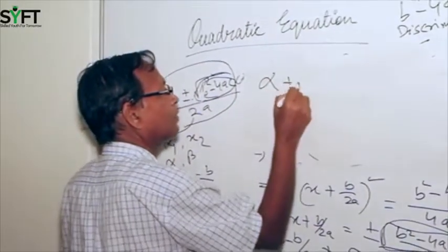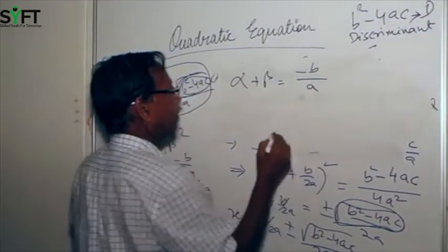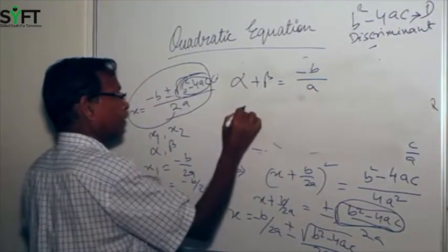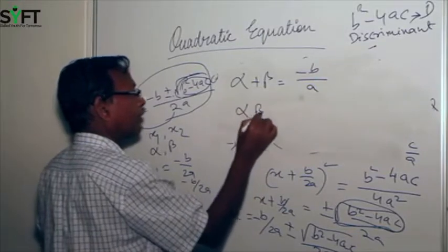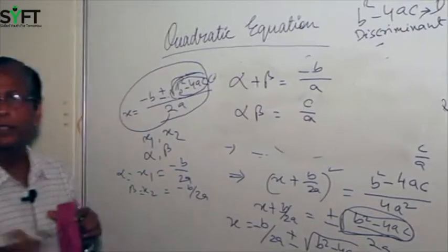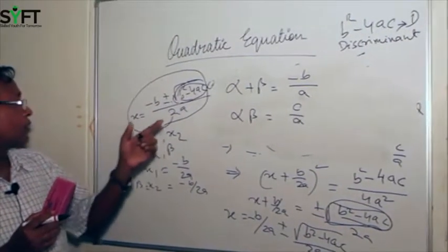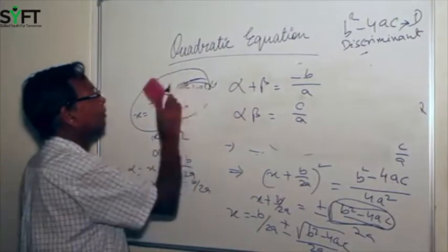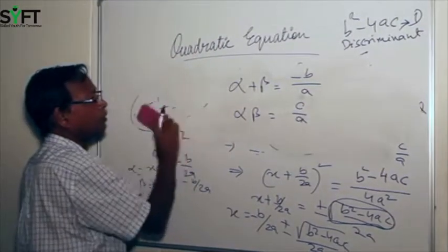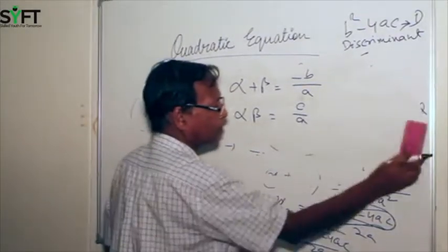Suppose alpha plus beta is equal to minus b by a, and the product of roots, alpha beta, is equal to c by a. So the sum of roots is minus b by a and the product of roots is c by a.